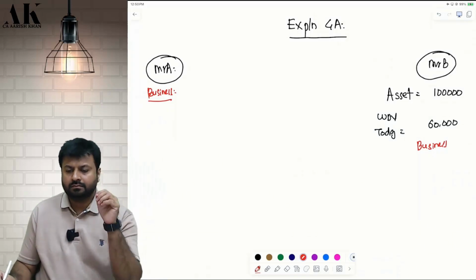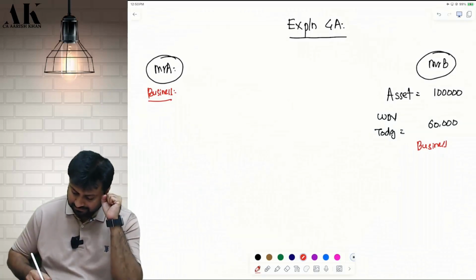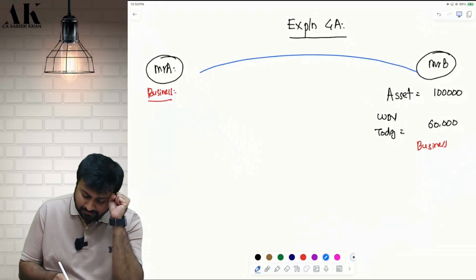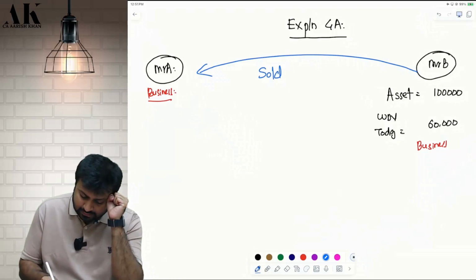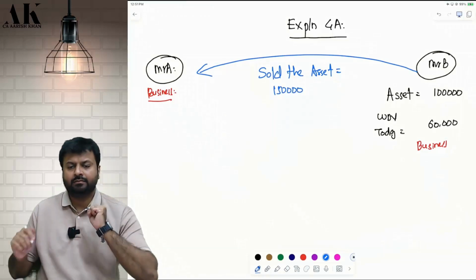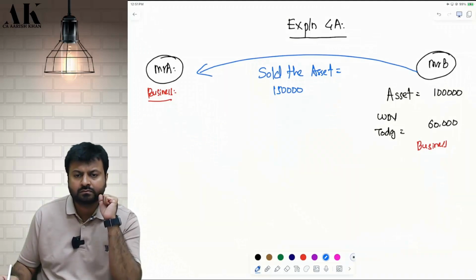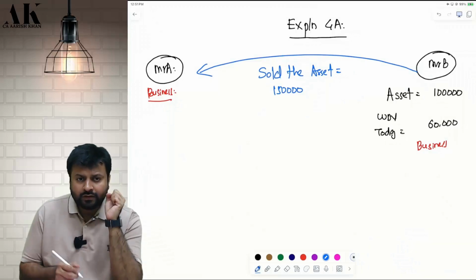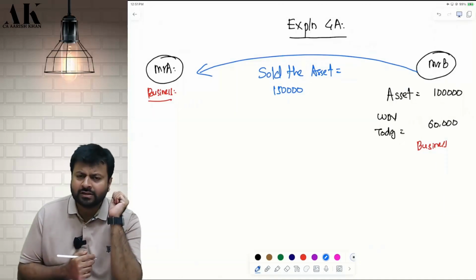Now, something strange happened. Mr. B sold the asset for 1,50,000 rupees to Mr. A. So if Mr. A has purchased the asset, he should use the asset for business, correct or not?